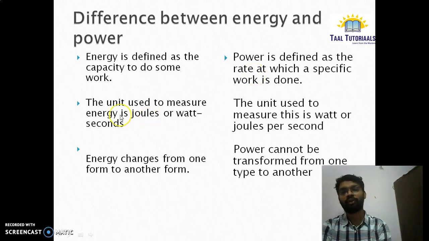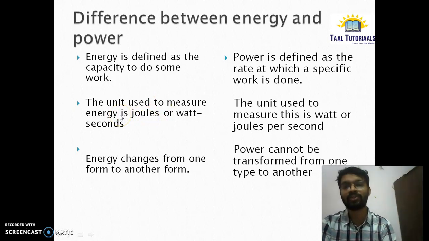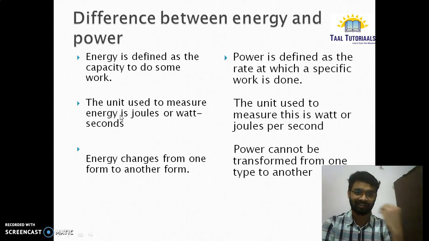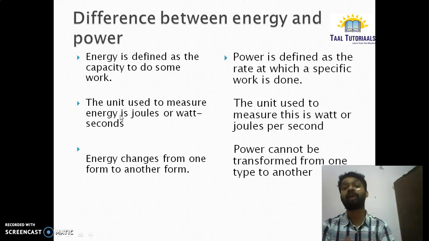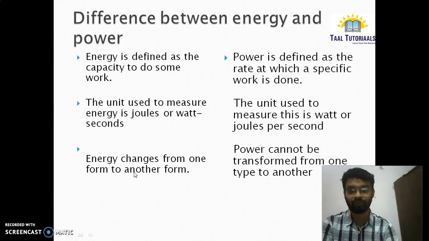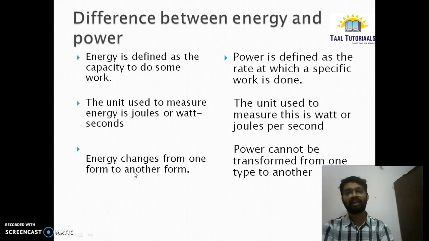The SI unit of energy is joule. However, the SI unit of power is joule per second. And last, energy always changes from one form to another, but power cannot be transformed from one type to another. This is it from this slide, class.